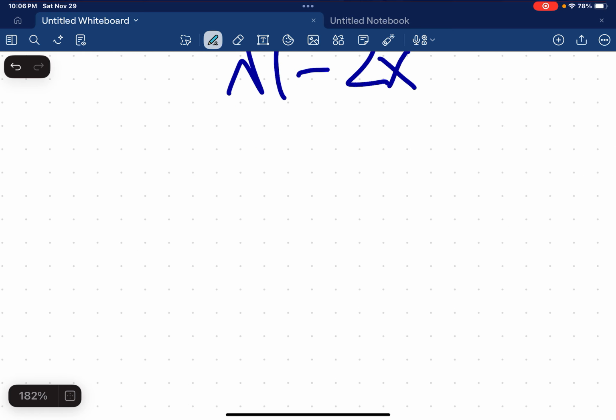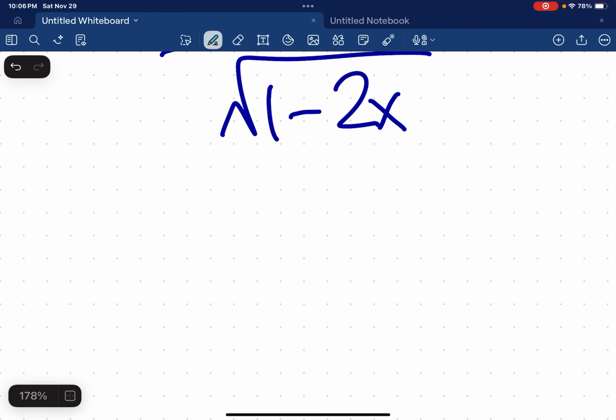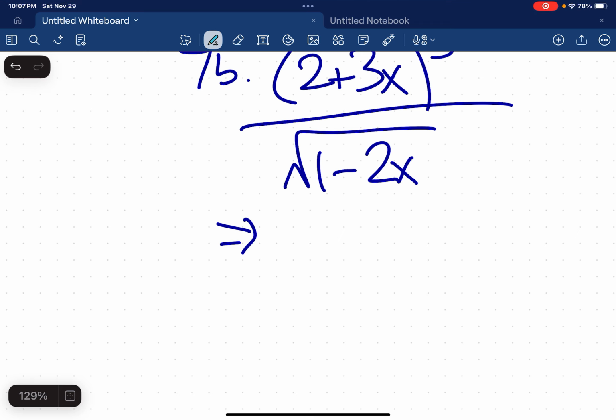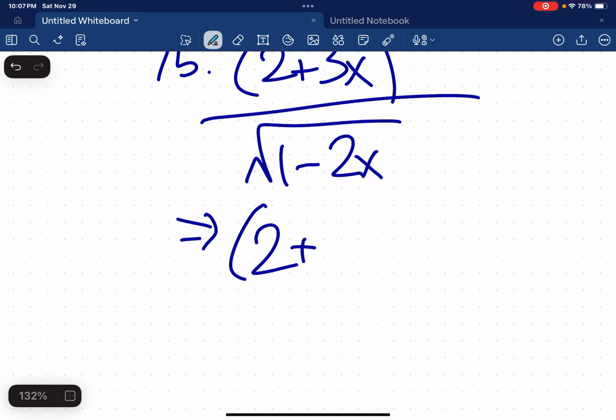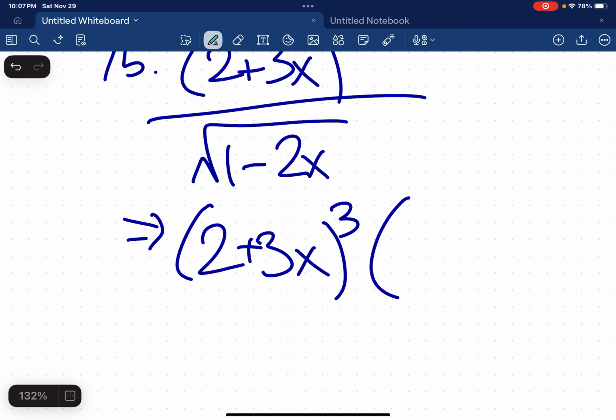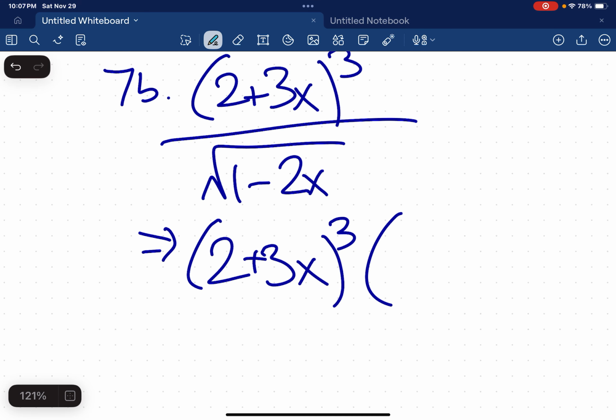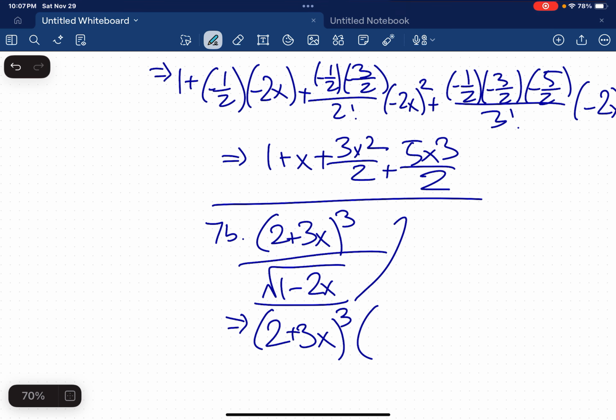Okay. Well, shucks. Okay. This is just going to be equal to 2 plus 3x cubed times this shenanigan, but we already figured out that's going to be equal to that.